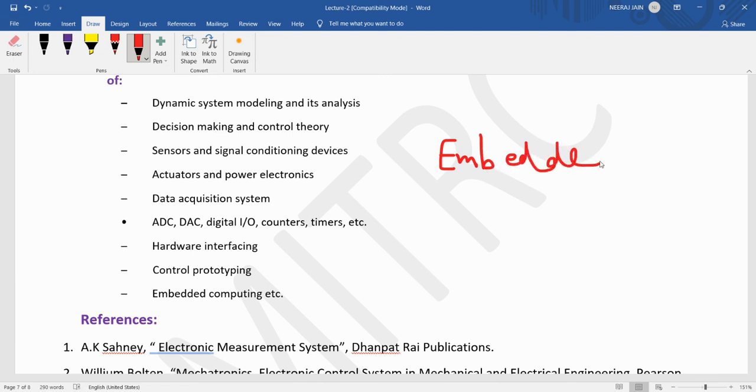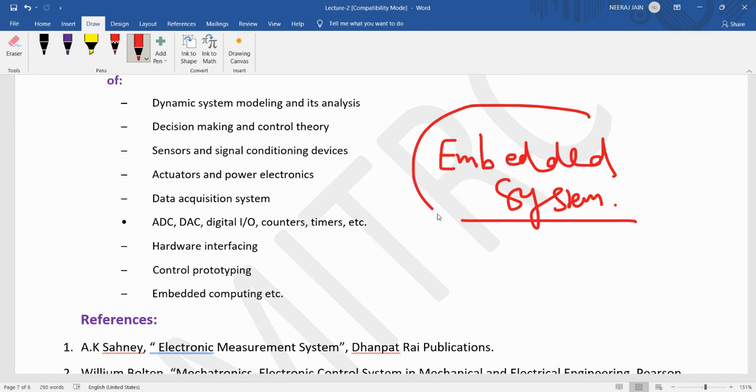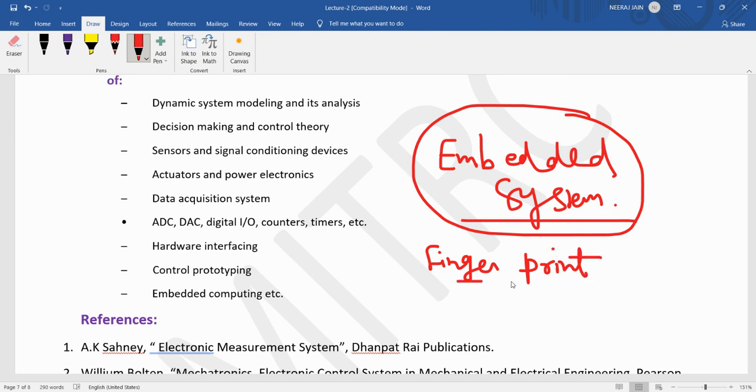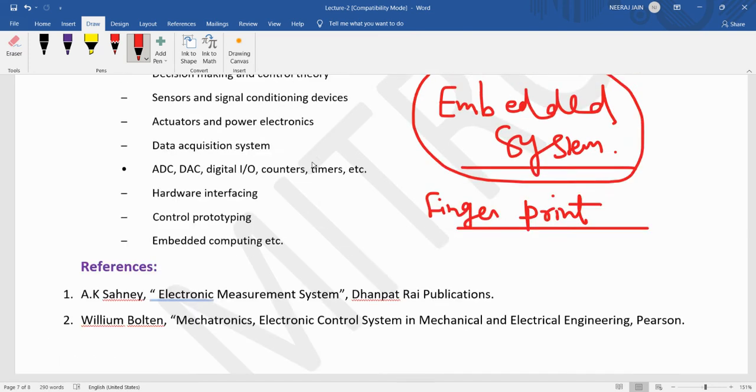An embedded system is the combination of hardware and software, and suitable application system software is used to design it, like our fingerprint system. The fingerprint, where we take a thumb impression, is a simple example of an embedded system.